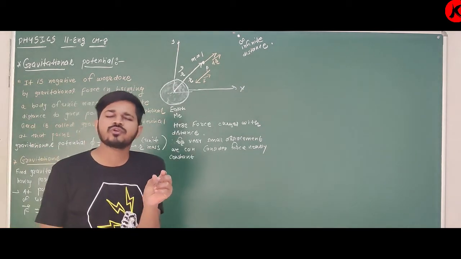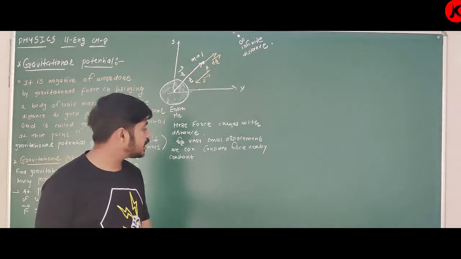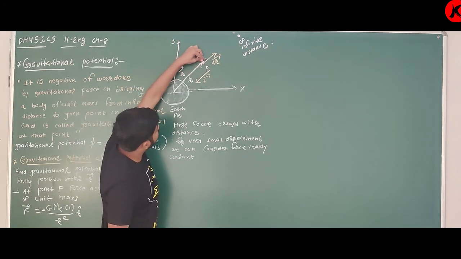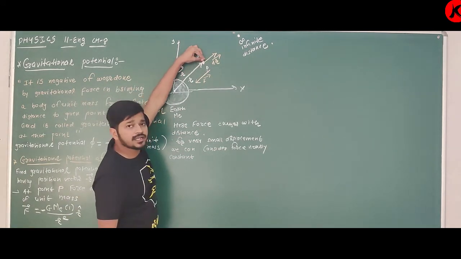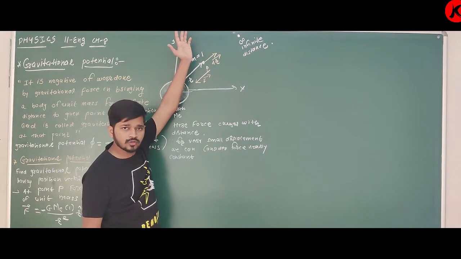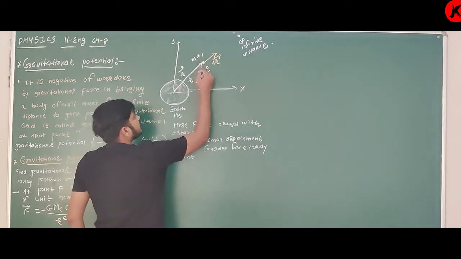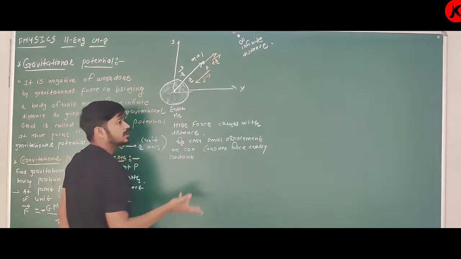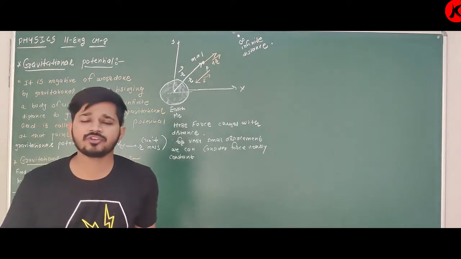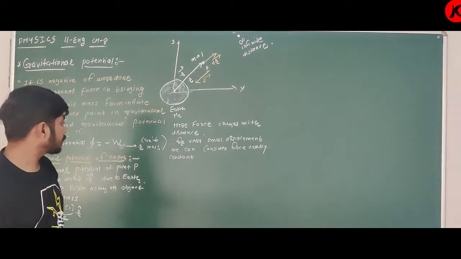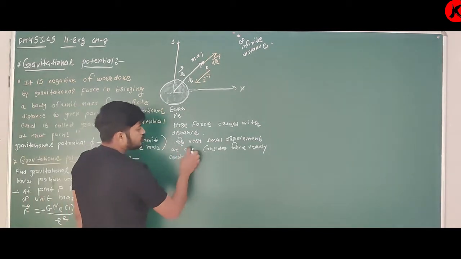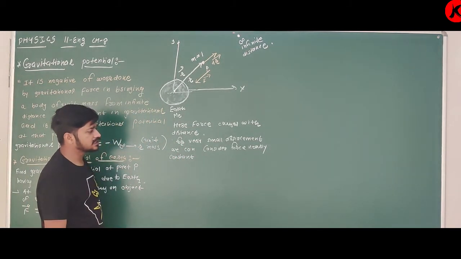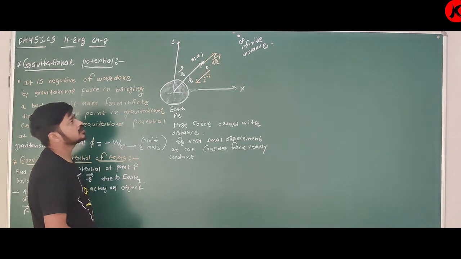Because the displacement is very small, so the change in distance is also very small. If I take the displacement very small, then this r will be almost the same.